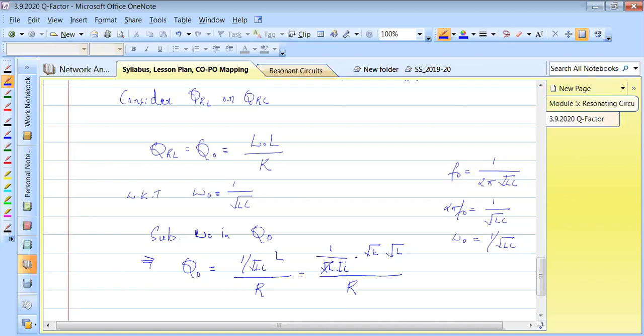So this square root of L and this square root of L goes off. What will you be left with in the numerator?